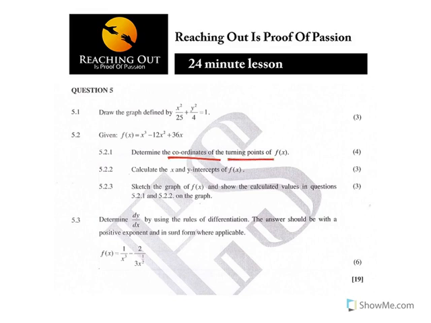This is 5.2.1. Remember, when they're talking about the coordinates of the turning point, it means you have to find the x coordinate as well as the y coordinate. Also remember, this is a cubic function, which means there are two places where this graph is turning, so you're going to find two x coordinates and two y coordinates where this particular graph is turning.